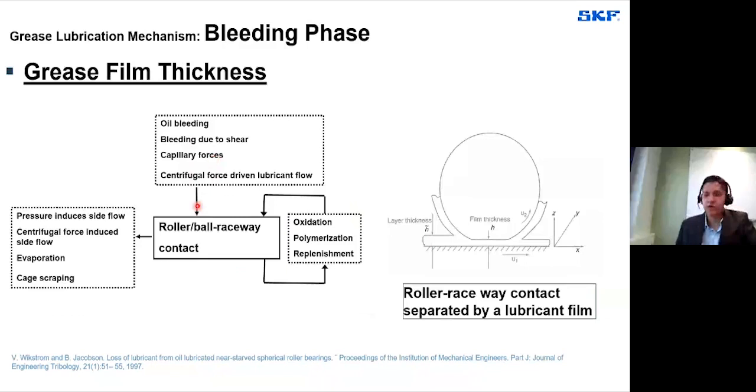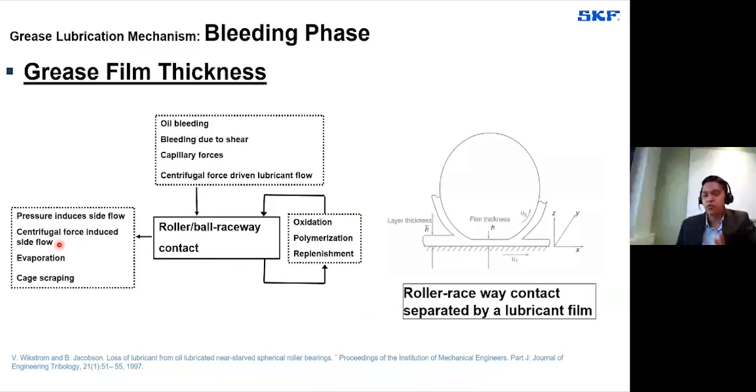In the same way, there are other aspects, for example, pressure-induced side flow. Because of the severe contact pressure, lubricant has a tendency to move away from the contact to the sides of the bearing. In the same way, centrifugal force can also play a role here.